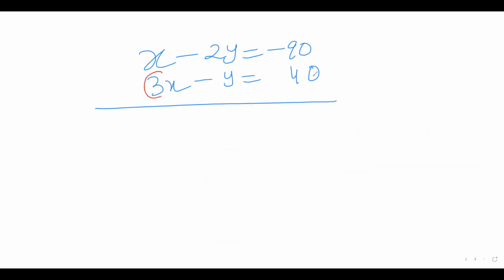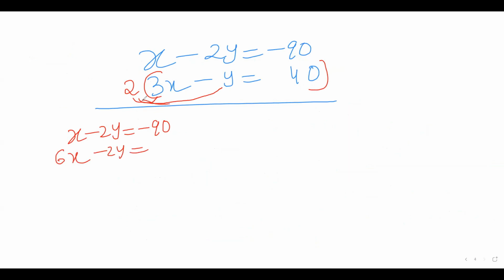I would like to multiply the second equation with 2. So x minus 2y is equal to minus 90. 3 2s are 6x minus 2y, 40 2s are 80. Isn't it? So here I am subtracting both the equations. Bottom equation signs will change.